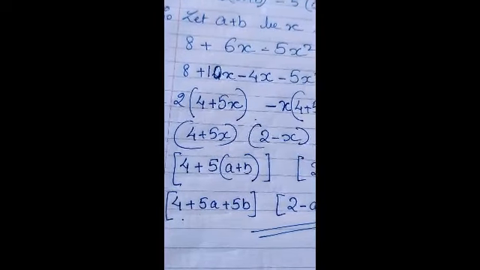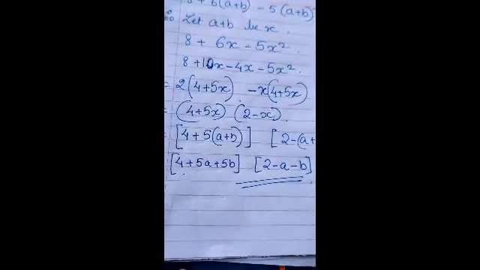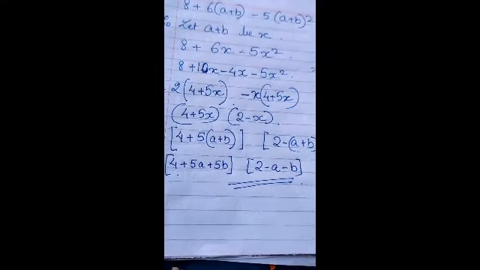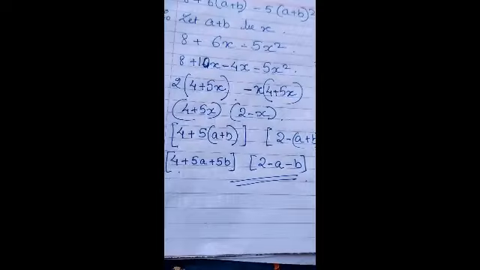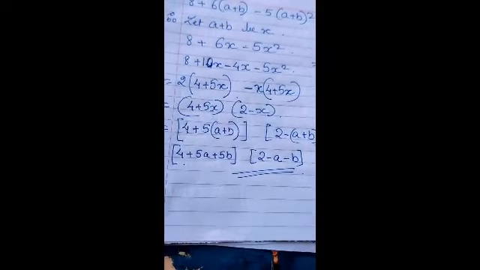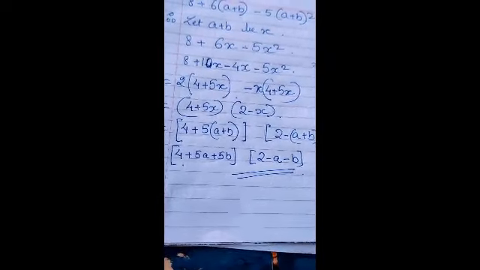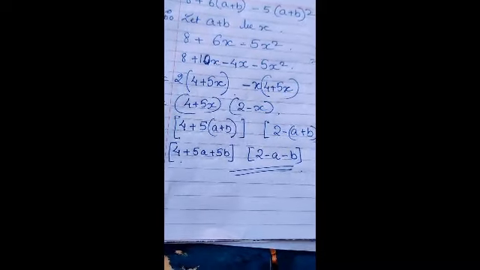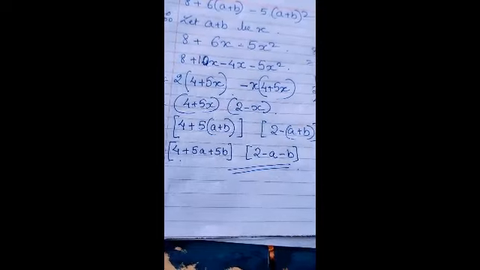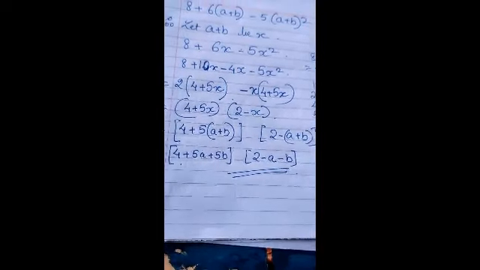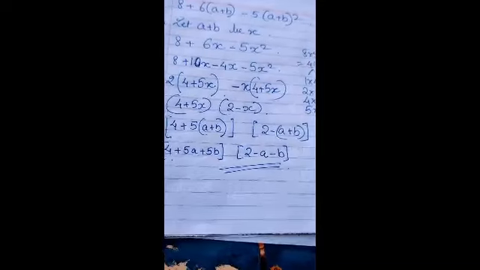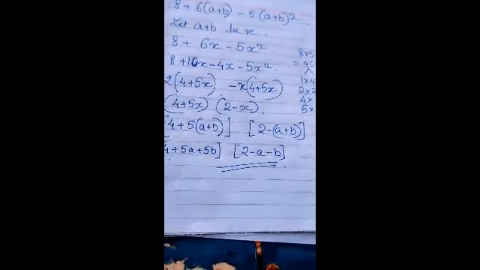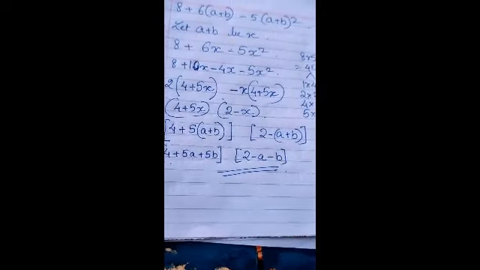So on using this, we can write the expression as 8 plus 10x minus 4x minus 5x square. Here, what is common is 2. Because 2 into 4 is 8 and 2 into 5x is 10x. So we'll remove that. So we have our first factor as 4 plus 5x. We write that factor as it is on the right hand side, and we find what multiplied by 4 will give us minus 4x.